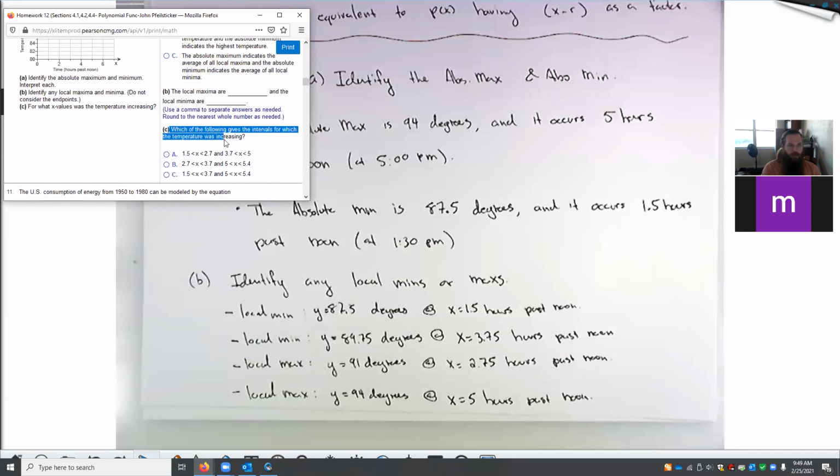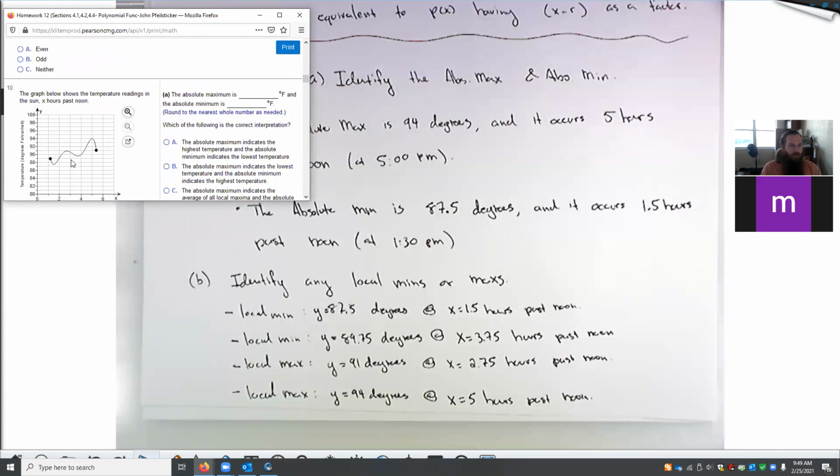Okay. So we've got local mins, local maxes, absolute mins, absolute maxes. The last thing they ask for here is for which time intervals is the temperature increasing. So for what x values is the graph going uphill? Certainly here we're going uphill. And also here we're going uphill. So I'd say from whatever this time is to whatever this time is, and from whatever this time is to whatever this time is.